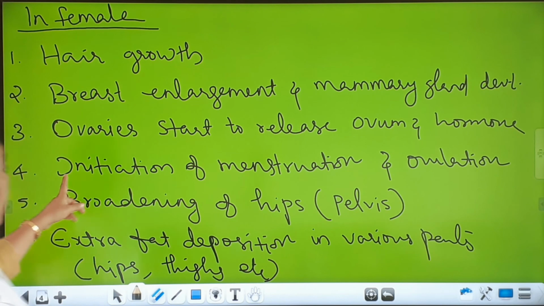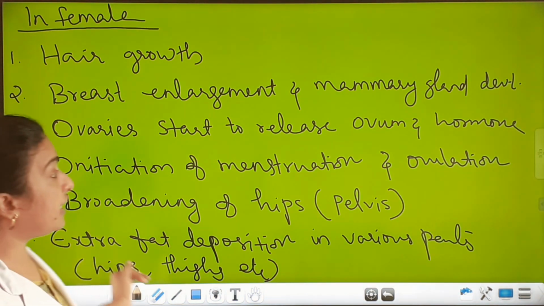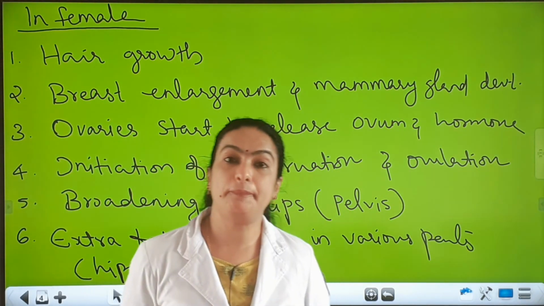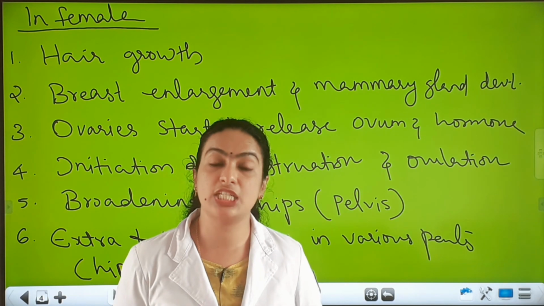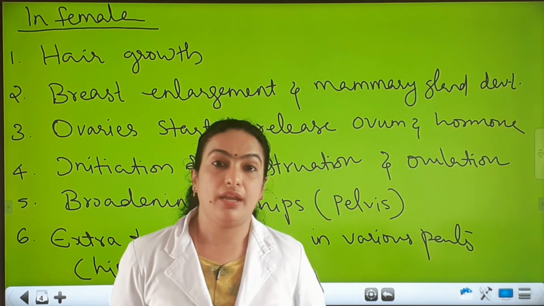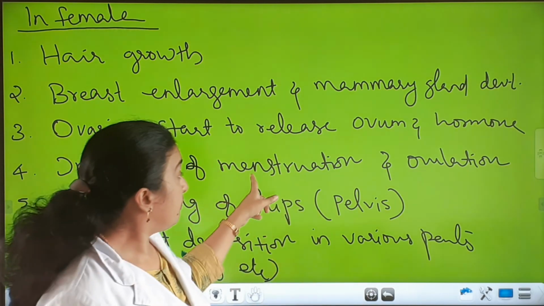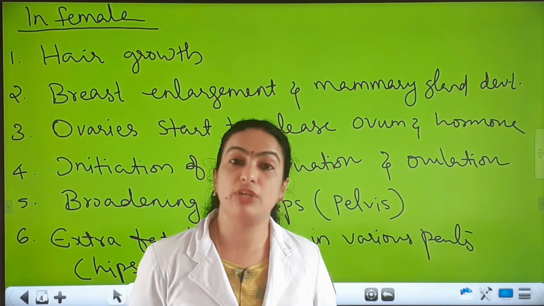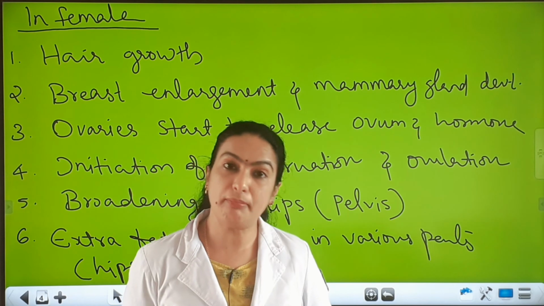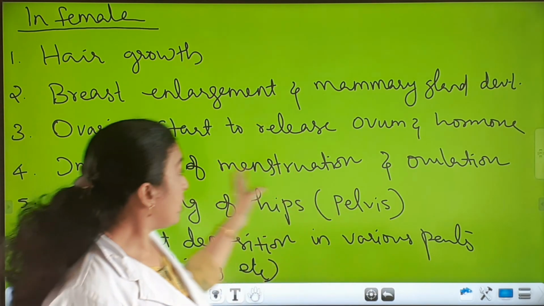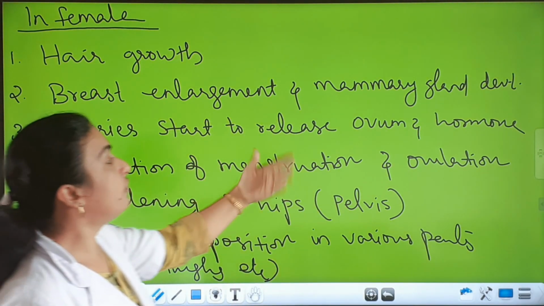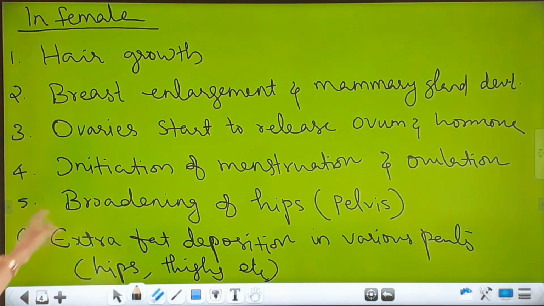And initiation of menstruation and ovulation. You learned in 8th standard the first menstrual flow in girls starts during puberty. The first menstrual flow is called menarche. Menarche starts to appear, then ovulation also starts.